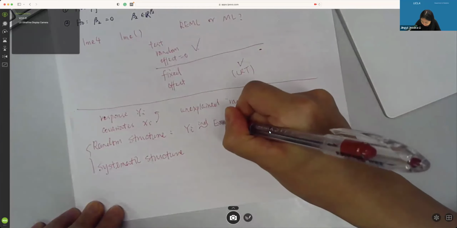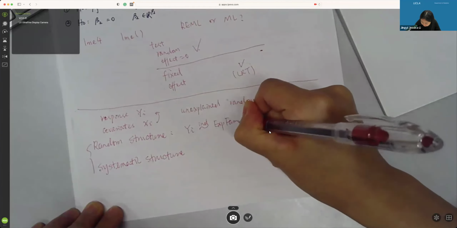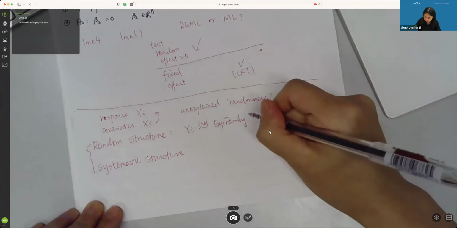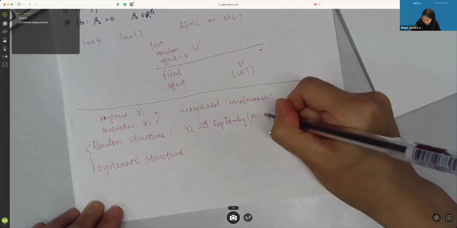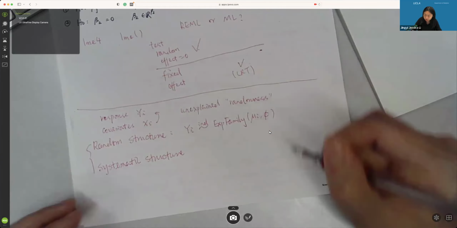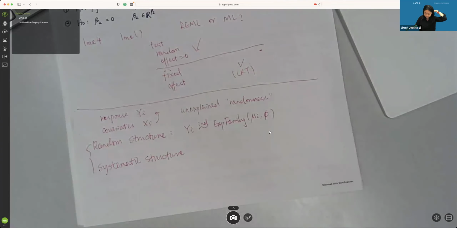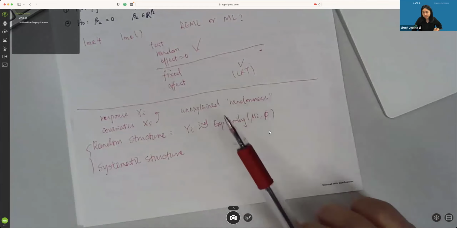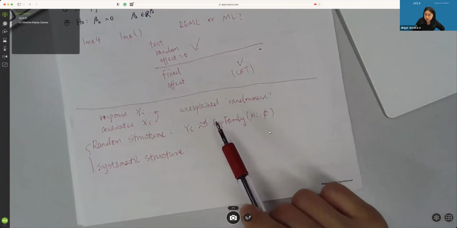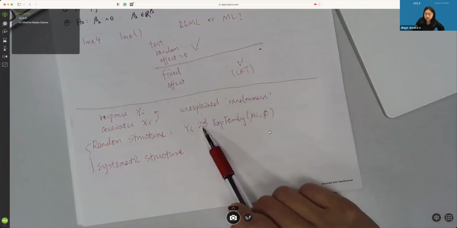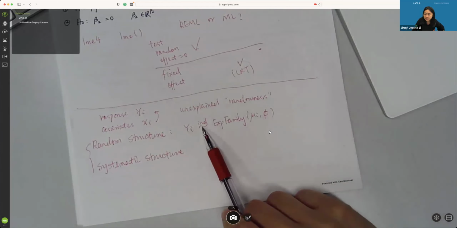And in particular, we focus on exponential family distribution with this mean parameter μi for observation i and some other parameters we need to account for. Let me just codify and make sure that we have made two assumptions. One is that the distribution is exponential family. The other is independence. Independence is crucial.